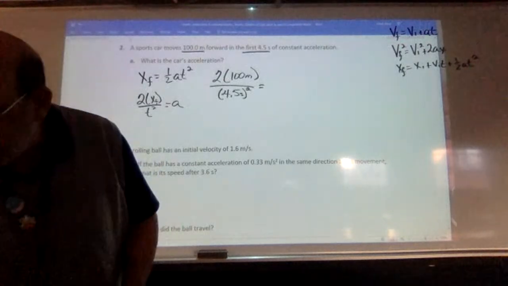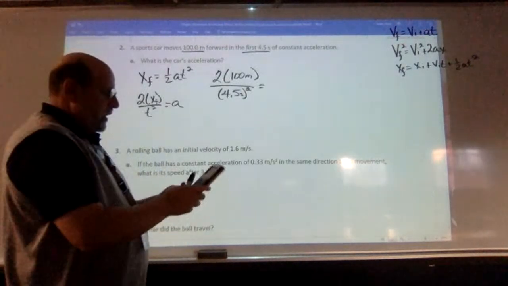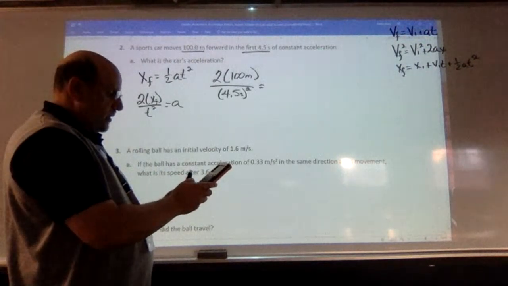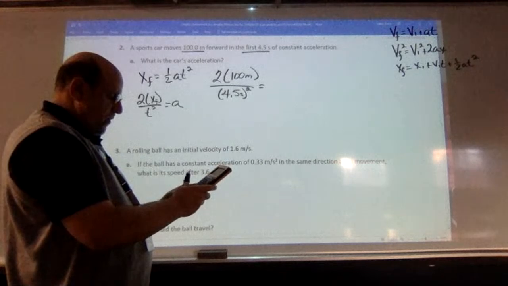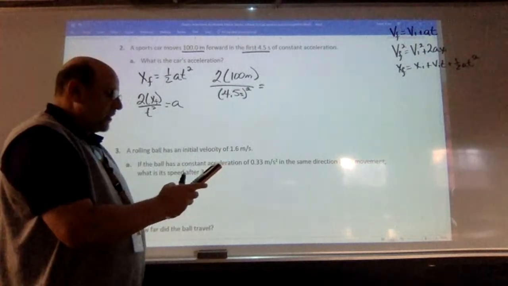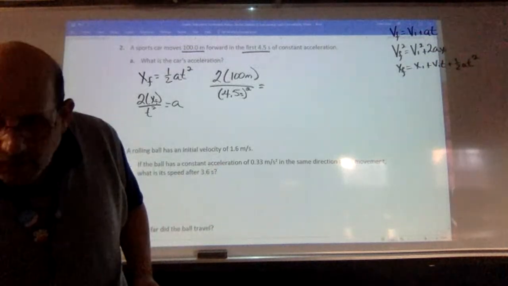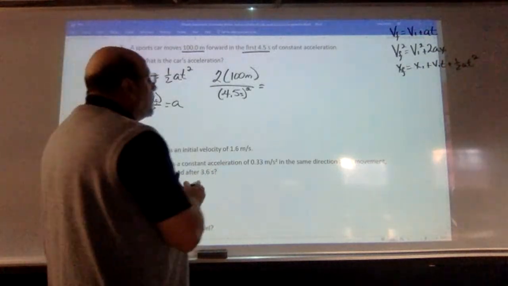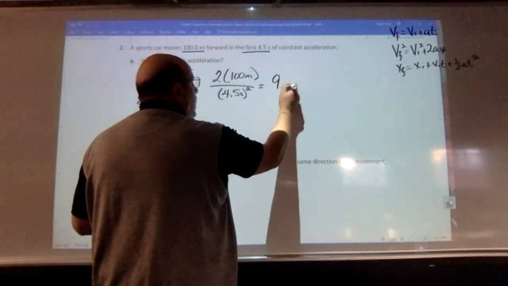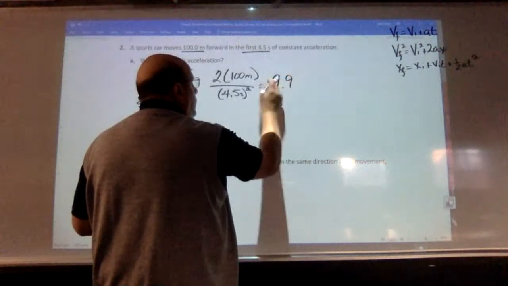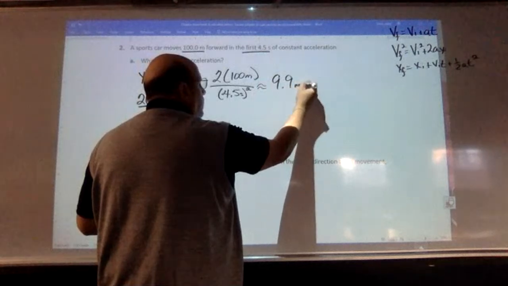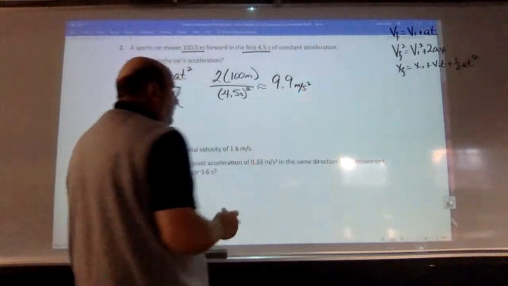So again, I have to get out my calculator and put it in. We know that that's 200 divided by 4.5 squared, and we get an acceleration of approximately 9.9 meters a second squared.